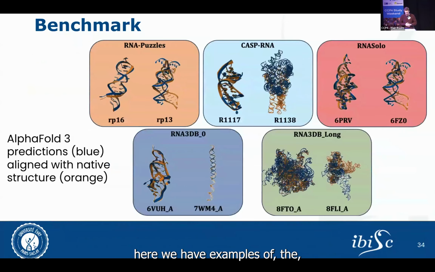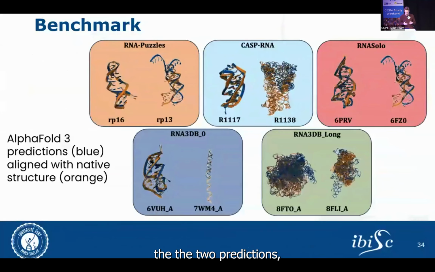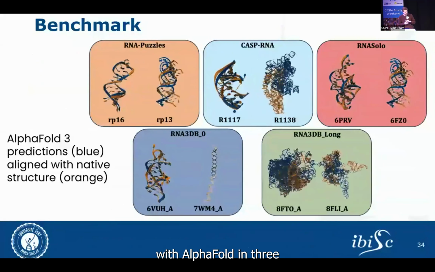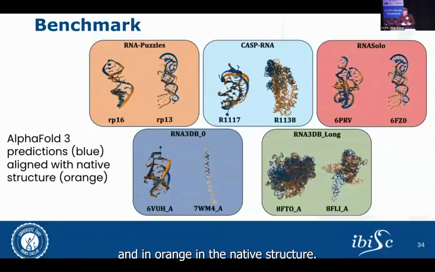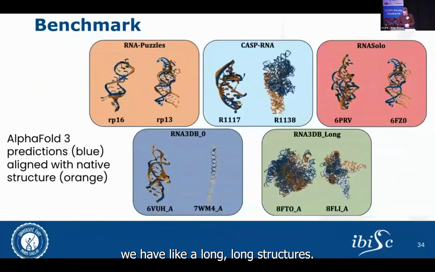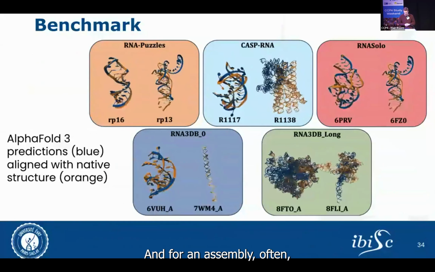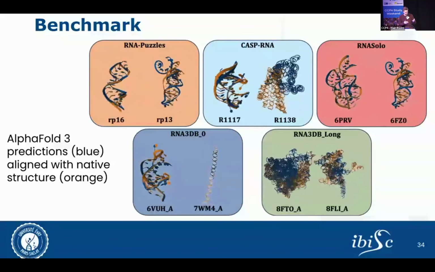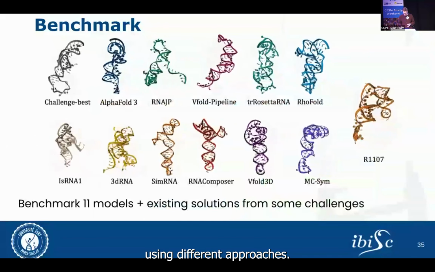And so here you have examples of the top two predictions, with AlphaFold 3 in blue and the native structure in orange. We can see, for instance, for the RNA3DB long dataset, we have long structures, and for RNA3DB orphan, we have different kinds of RNA.